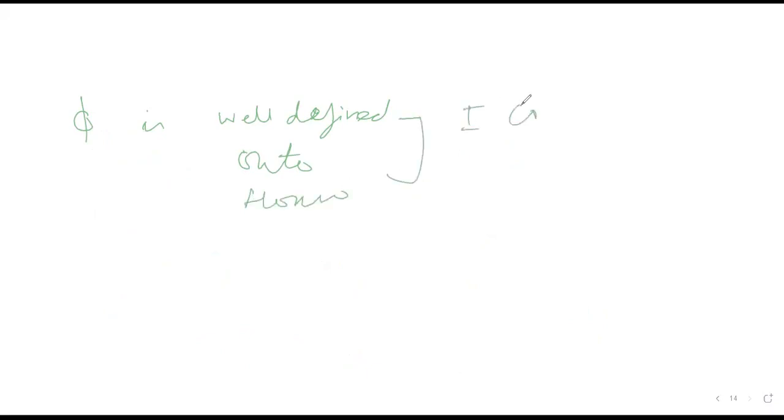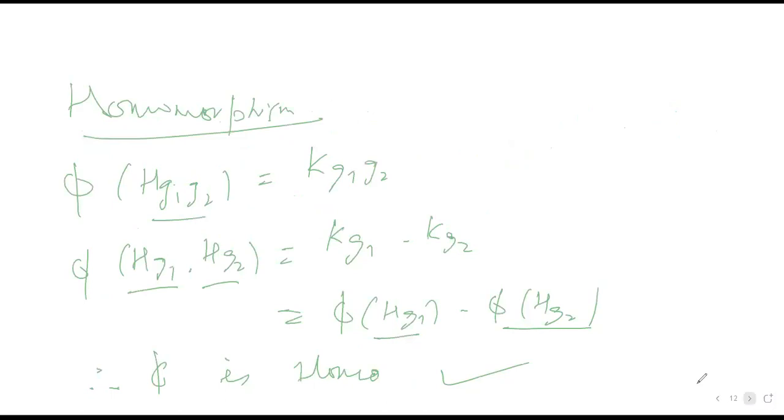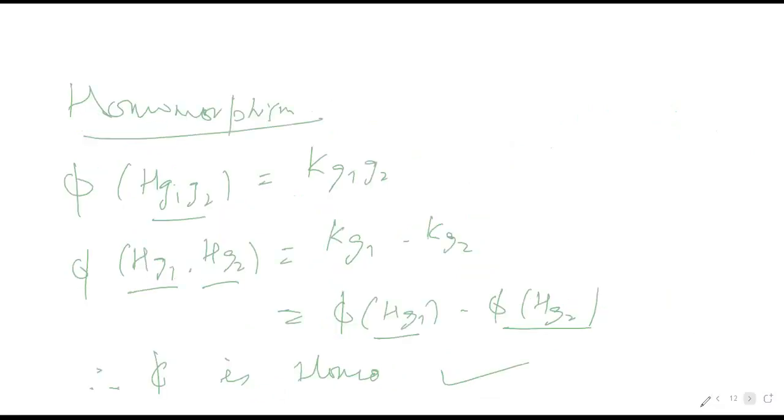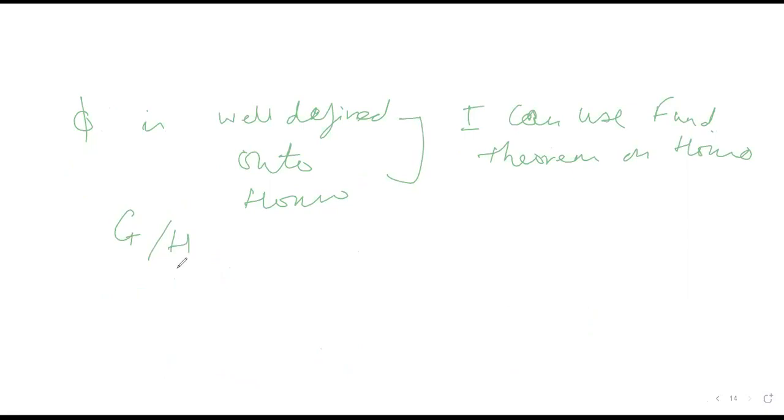So therefore, I can use the fundamental theorem on homomorphism, which says that G by H upon the kernel of phi is isomorphic to G by K, right?